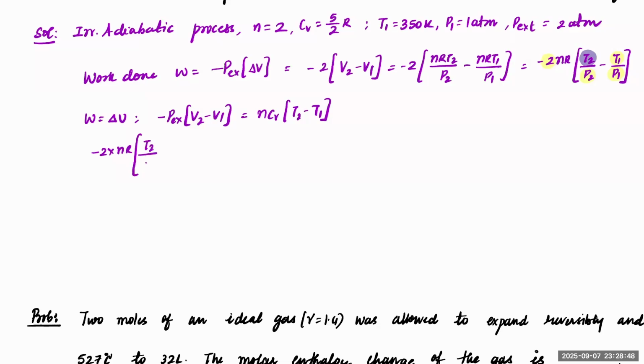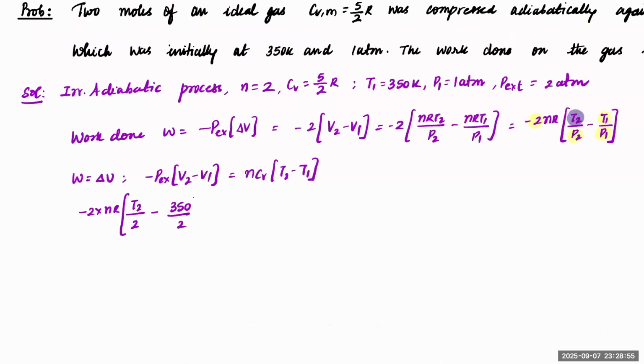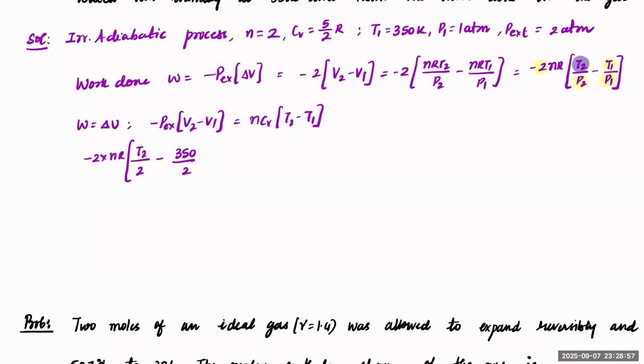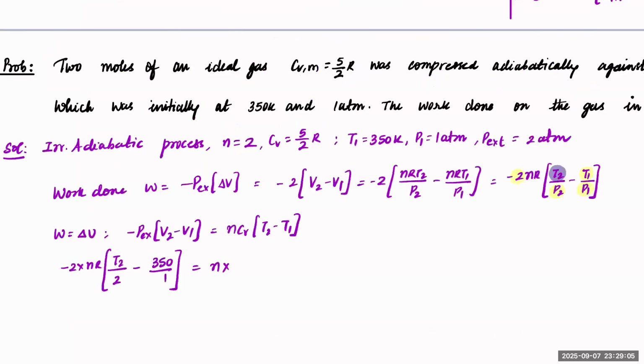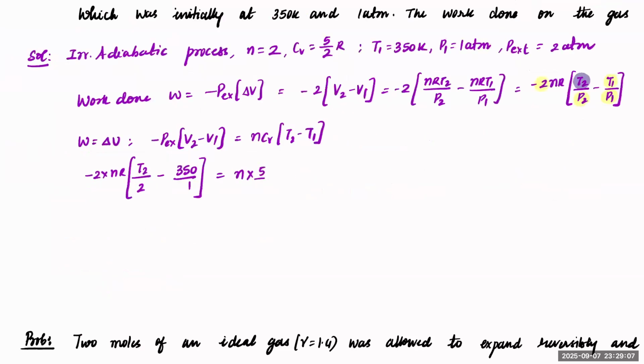P2 is also 2, minus T1, which is 350, divided by 1, since P1 is 1. That is equal to n into Cv. Cv can be written as 5 by 2 R, as given, into T2 minus T1, which is 350.